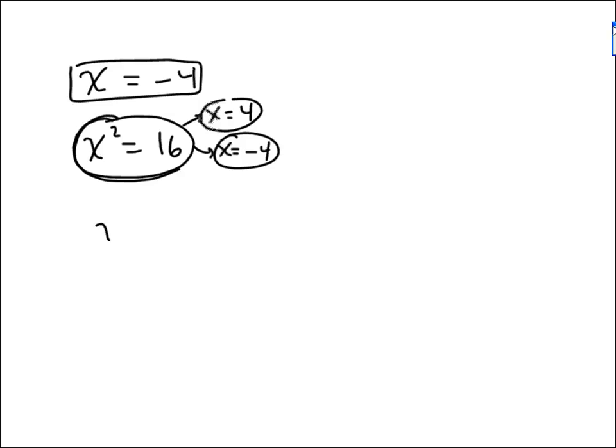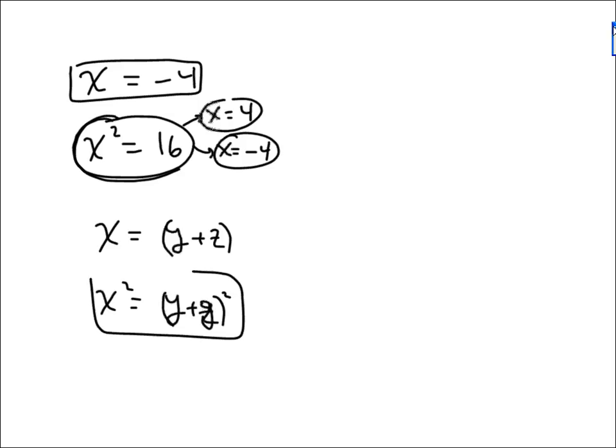If you have that x is equal to y plus z, and you square both sides, this last equation says x is y plus z, or x is negative y plus z.